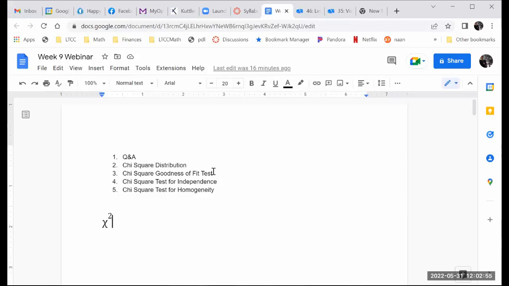Then we're going to use the chi-squared distribution to do hypothesis tests, because remember, the last half of the whole course is all about hypothesis testing. We're going to be looking at something called the goodness of fit test. These tests can handle variables that we haven't dealt with yet: qualitative variables that aren't the yes/no kind of variable. Things like, what is your favorite color?